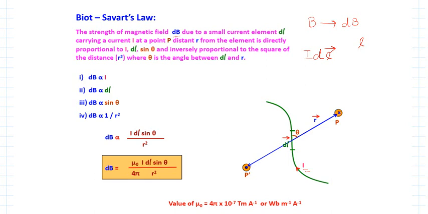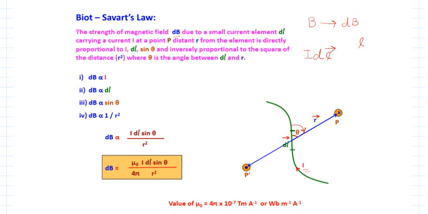Now for this particular current element, we are trying to figure out how much magnetic field it will possess around it. So here we'll have our point of interest, which is point P, as you can see over here. This point P is at a distance r bar, at a distance r from the current element. The orientation of the point of interest from dl to point P is in this way.